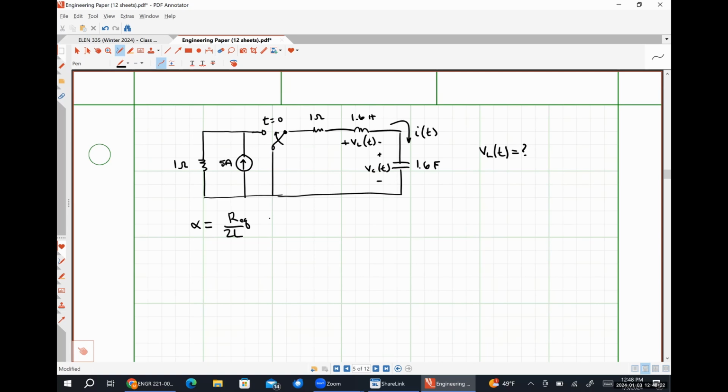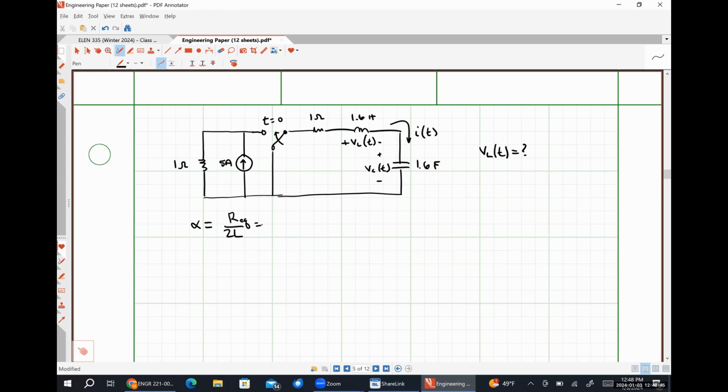R_eq over 2L. So during the transient condition, looking at a dead network, we would take our two energy storage elements out. So these guys are going to be an open circuit, and we're going to look in this way. We would see the 1 ohm resistor shorted and connected to this 1 ohm resistor with this 5 amp source as an open circuit.